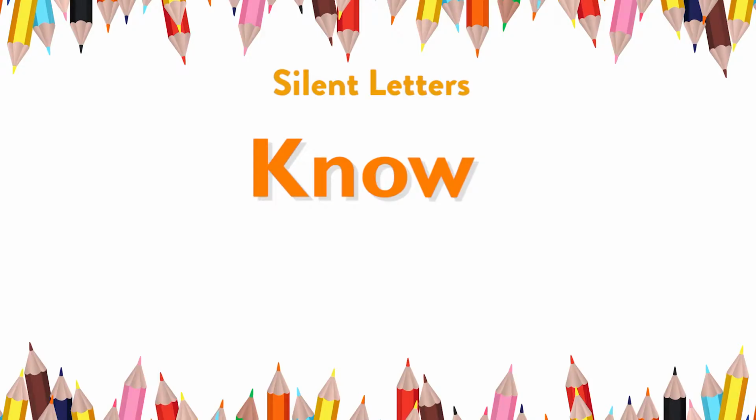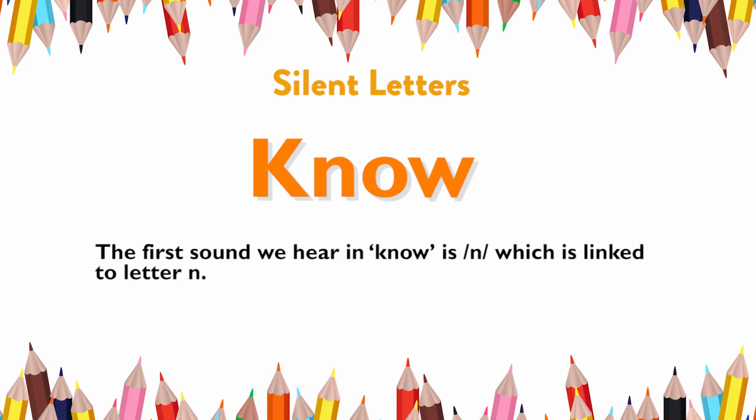So let's look at the word no. The letter K is seen in the word, but it is not heard. The first sound we hear in the word no is n, which is being pronounced by the N. But, like I said, we do not hear the K. And we see here in this word that N is actually the second letter.